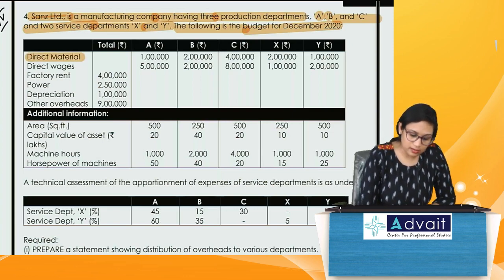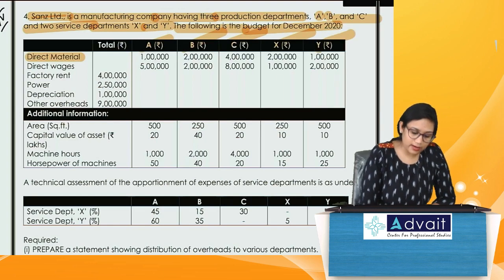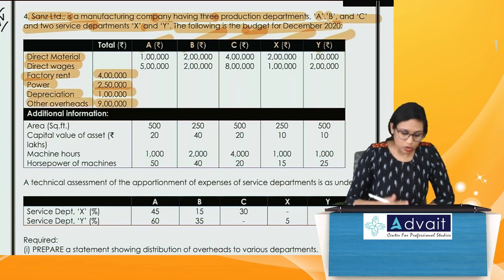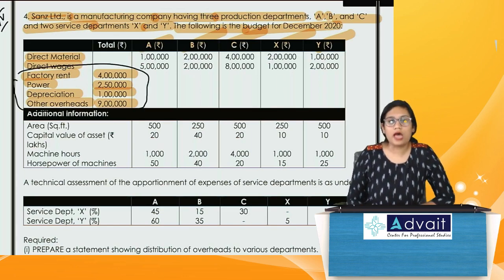Direct material has been given for A, B, C, X and Y. Direct wages has been given. Factory rent 4 lakh, power 2.5 lakhs, depreciation 1 lakh, other overheads 9 lakh. So all these expenses have been collected and given to us.